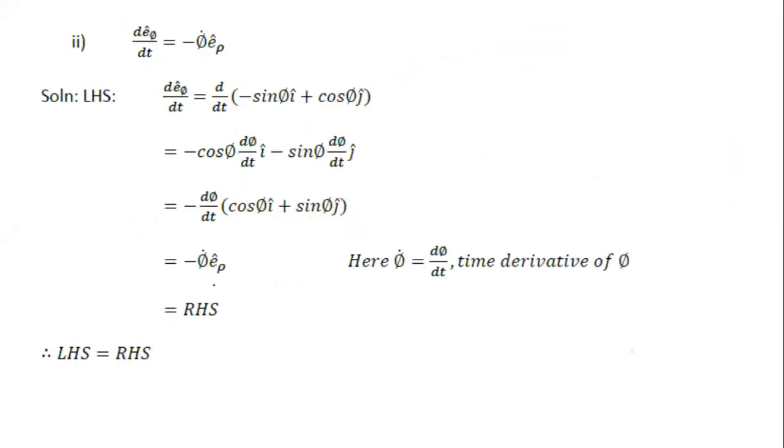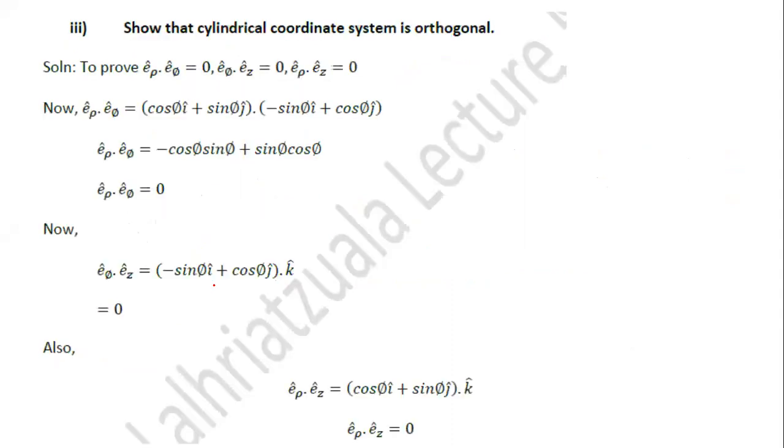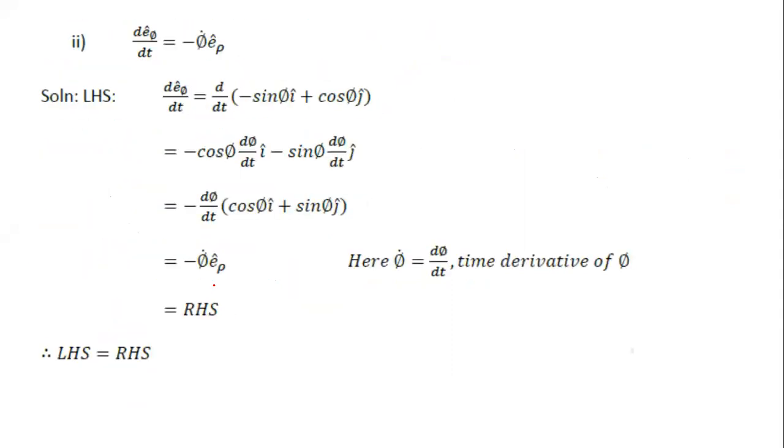Similarly, you can do the time derivative of the tangential unit vector along the phi coordinate, E phi. So E phi is this quantity. Just perform a time derivative. Differentiation of sine phi is cosine phi, and you have to differentiate phi again with respect to time, because phi is a function of time and sine phi is a function of phi.